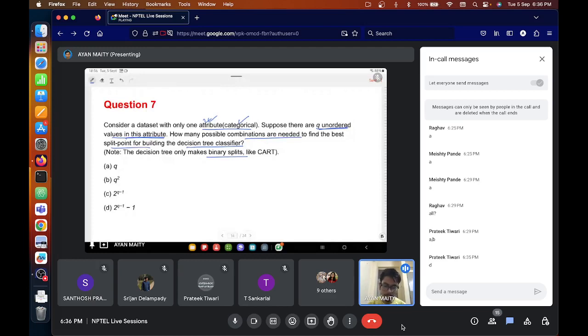So Pratik has already written the answer, option D, which is 2 to the power q minus 1 minus 1. Okay, anyone else?